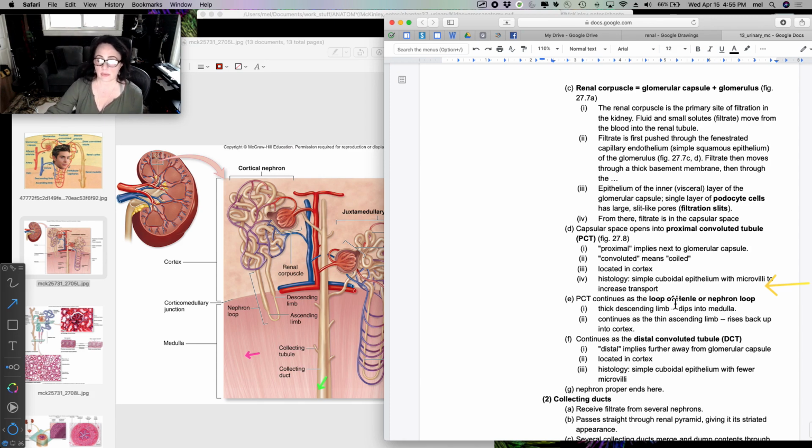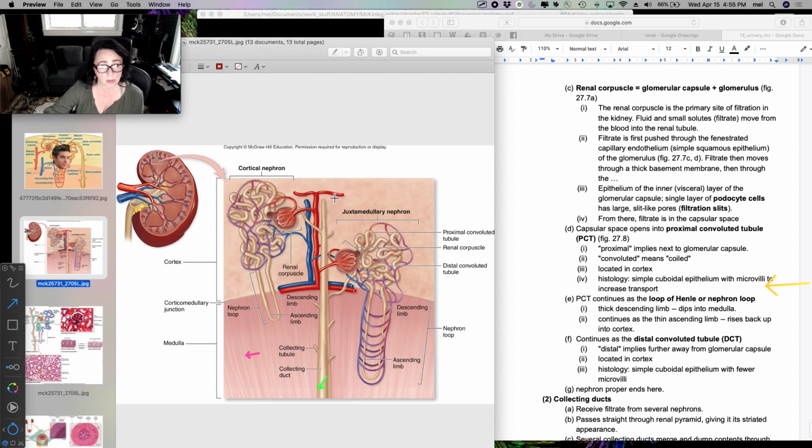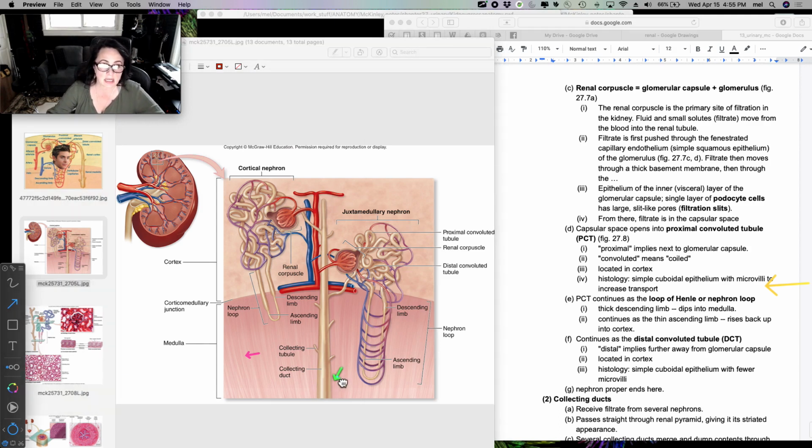And then it goes to the distal convoluted tubule, and the distal convoluted tubule is the end of the nephron proper. This guy right here is called the collecting duct, and the collecting duct actually collects from multiple nephrons, like this one, and there was one there, one here, one here. So the collecting duct is actually not part of any specific nephron. It's actually gathering from multiple nephrons.